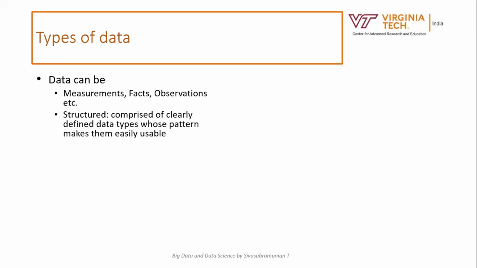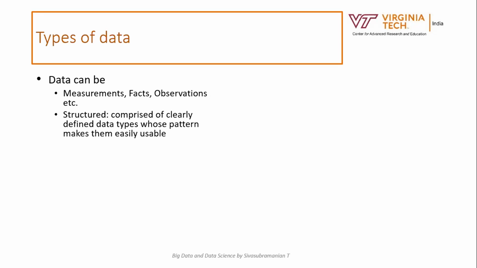Like that, you have data types such as pointers, strings, characters, etc. Don't bother too much about it. When you really work on these things, you will get to know what a data type is. The point here is that when it's structured data, you will be able to understand the meaning of a particular piece of data.